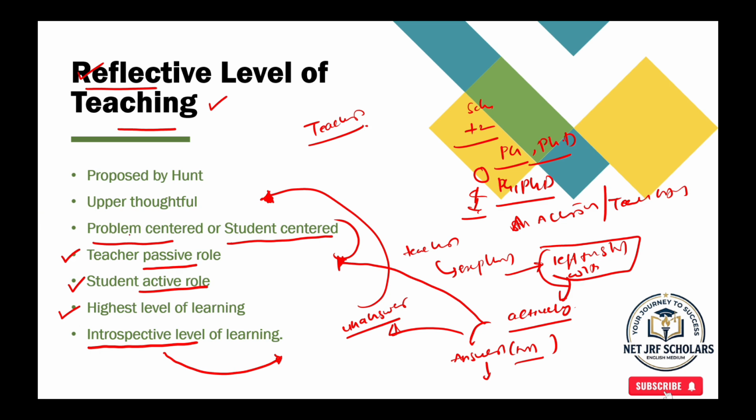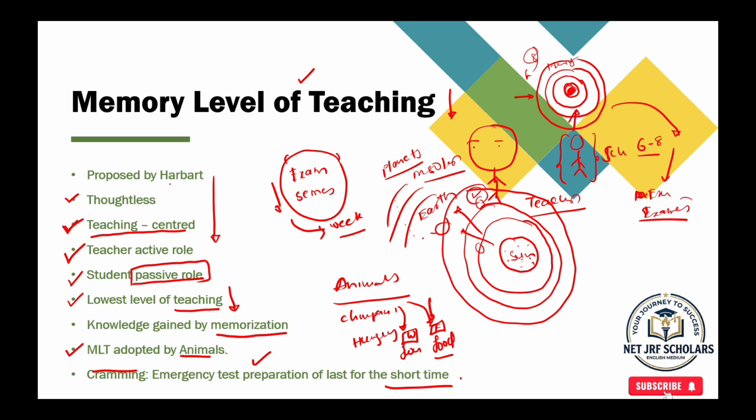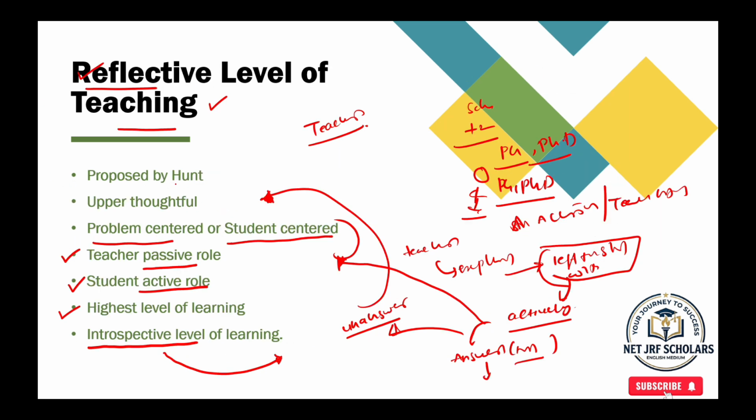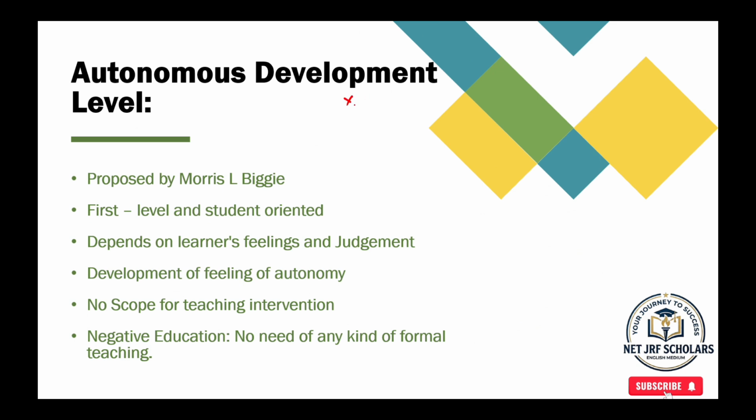And apart from the concepts, you need to remember who proposed them. The memory level was proposed by Herbert, the understanding level by Morrison, and the reflexive level by Hunt. H, M, H: Herbert, Morrison, Hunt, and next one more M. Let's start the very important and mostly repeated one, apart from the 3 levels of teaching. It is proposed by Maurice L. Biggie.